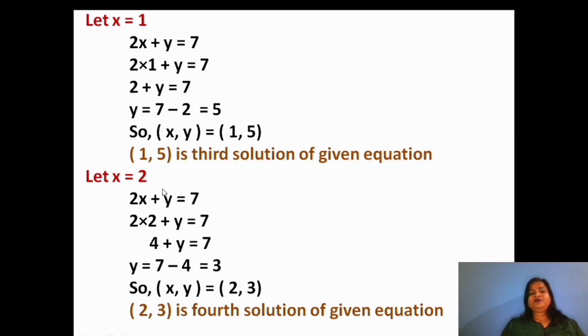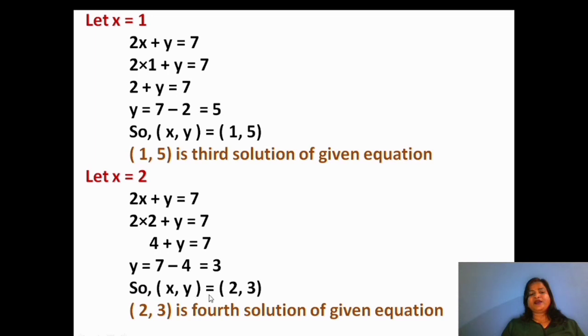Now we will find the fourth solution of this equation. So we have assumed x is equals to 2. 2x plus y is equals to 7 is the equation. Here we have to put the value of x. 2 multiply 2 plus y is equals to 7. 2 multiply 2, 4 will come, plus y is equals to 7. y is equals to 7 minus 4. 7 minus 4 will come 3.